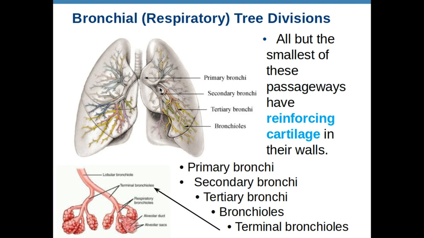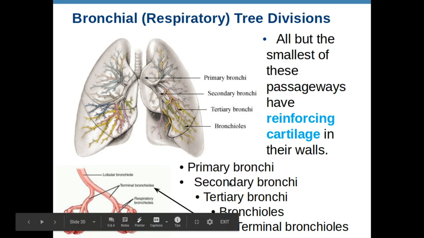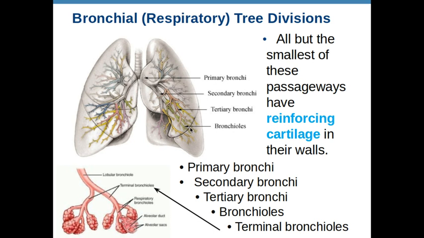As we keep going deeper into the lung tissue, these larger bronchi branch into the bronchioles. The primary bronchi branch into secondary, tertiary, and so on. When they get really tiny, they're called bronchioles, and they end in what are called the terminal bronchioles. We know terminal means endpoint.